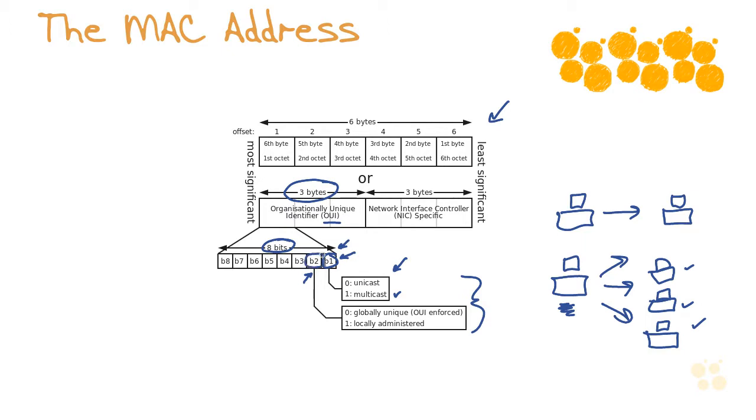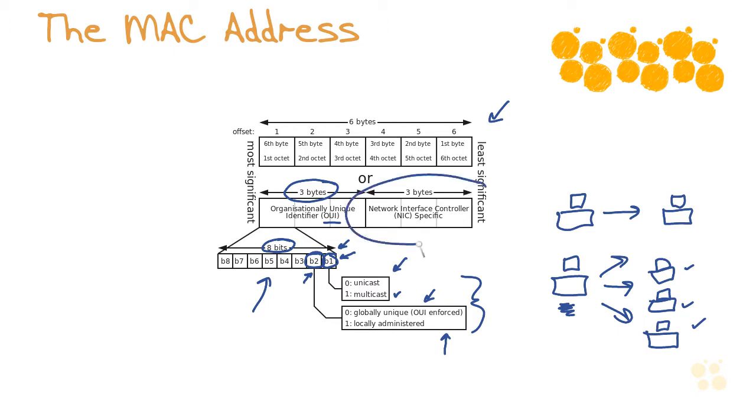Notice B2 in these first 8 bits, though, indicates whether this is a globally unique address or one that's completely locally administered. So if you wanted to, you could go in and you could set your own locally administered MAC addresses on everything. What is more common, of course, is we have our globally unique MAC address. Cisco has their prefixes, their bit positions that are assigned to them that they can utilize.